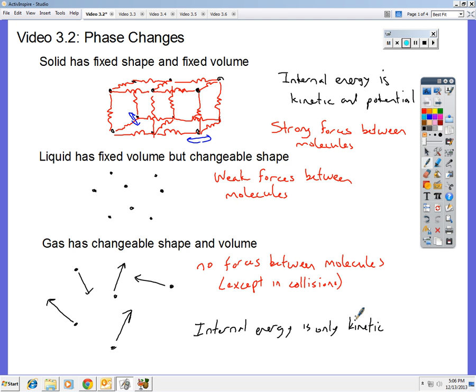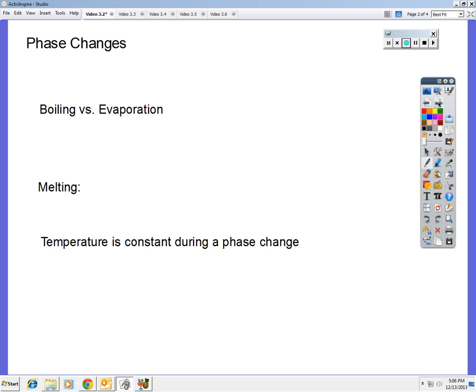And so if you look at a phase change being a transition between two of these states, there are several different kinds. There is sublimation, which means solid directly to gas. There's boiling, which means liquid to a gas.